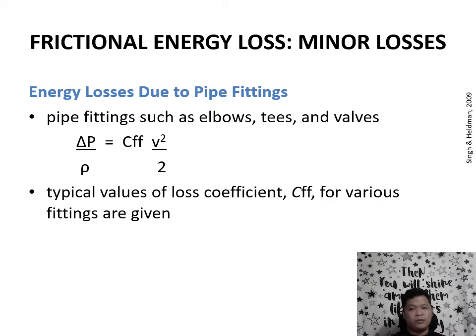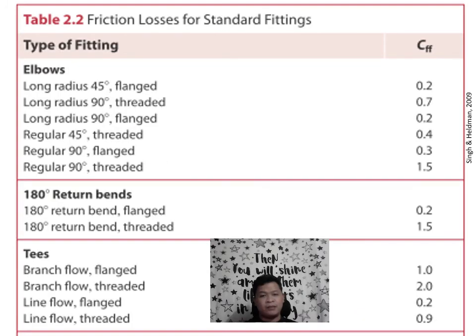Energy losses due to pipe fittings is simply the summation of the losses from each fitting. So there's a chart for this in the next few slides. You just add up the individual CFFs to have the big CFF and then multiply it by U squared over 2. So ito lang yung example ng mga CFF. So ina-add up yan.